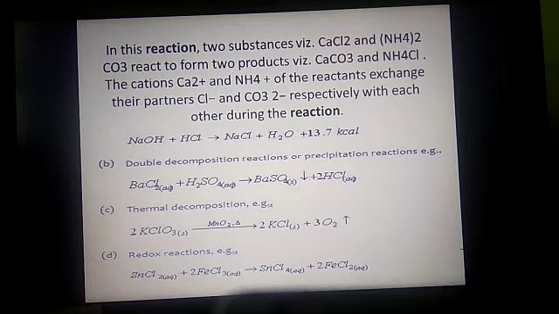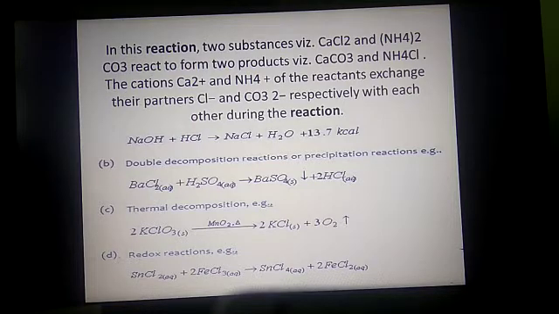Sodium hydroxide with hydrochloric acid gives sodium chloride plus water. In a double decomposition or precipitation reaction, barium chloride plus sulfuric acid gives barium sulfate plus hydrochloric acid.